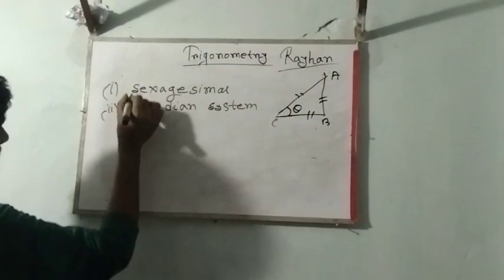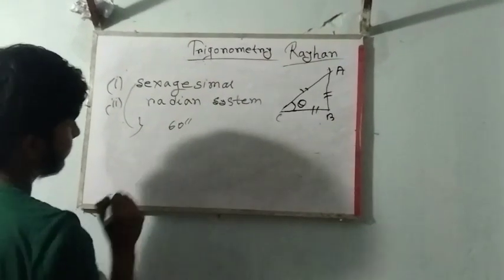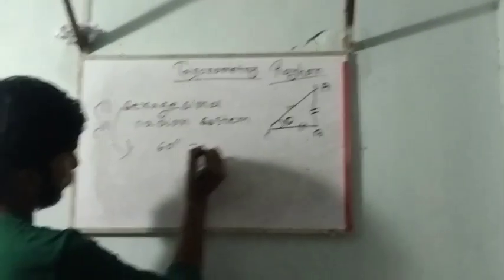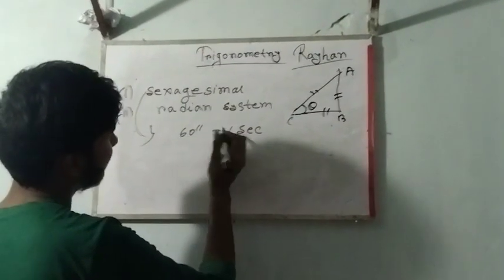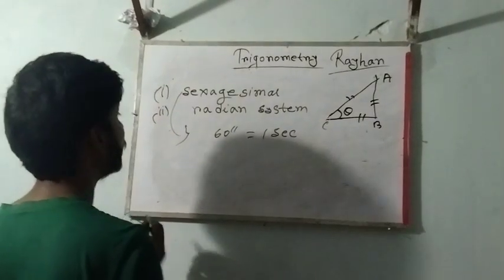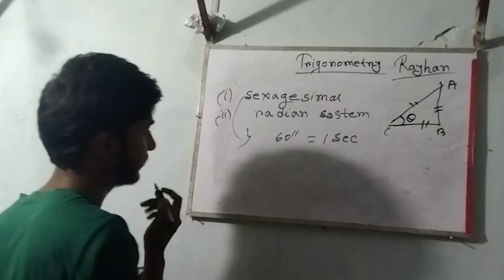In the sexagesimal system, we say 60 seconds equals 1 minute, etc. So we will see the conversion between the sexagesimal system and the radian system.